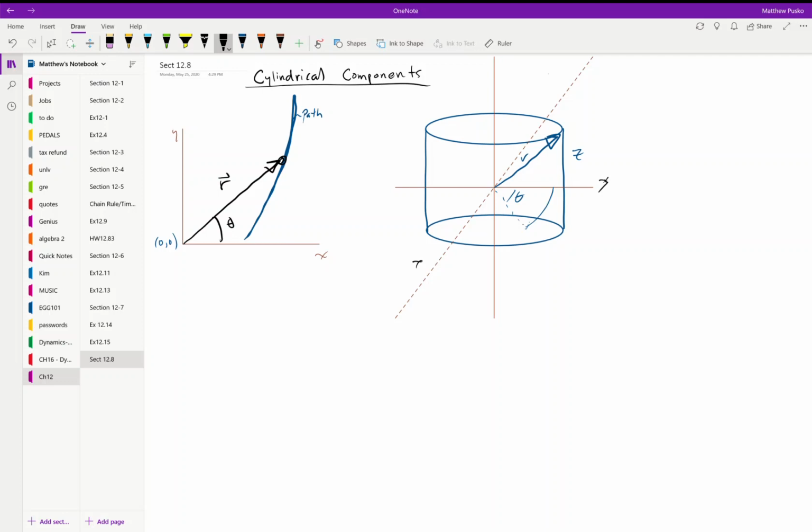On this path, we can say that it has some unit r direction, I'll go over that in a second, and some unit theta direction. So we don't necessarily solve problems in cylindrical coordinates because it's shaped like a cylinder.